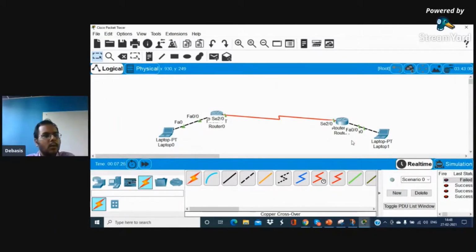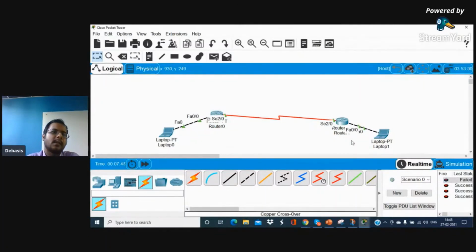Someone has asked me about the clock rate that I've used. Clock rate is a command used on the DCE port, that is data communication equipment. It is used on the ISP router, since the ISP, the internet service provider, gives us a WAN connection, and their router is called the DCE router, and our router is called the DTE, data terminal equipment.